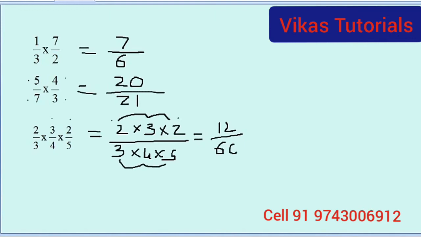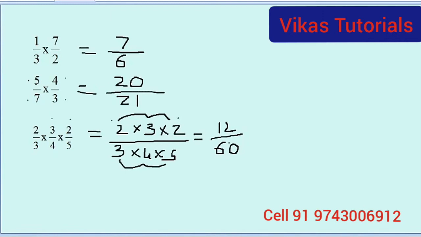12 by 60. Now if you see 12 by 60, this number can be simplified. Okay, so the first number with which we can divide both the numbers is 2. 2 sixes are 12 and 2 thirties are 60. Then we can divide it by 3 also. Both the numbers are divisible by 3. Both the numbers are divisible by 4.